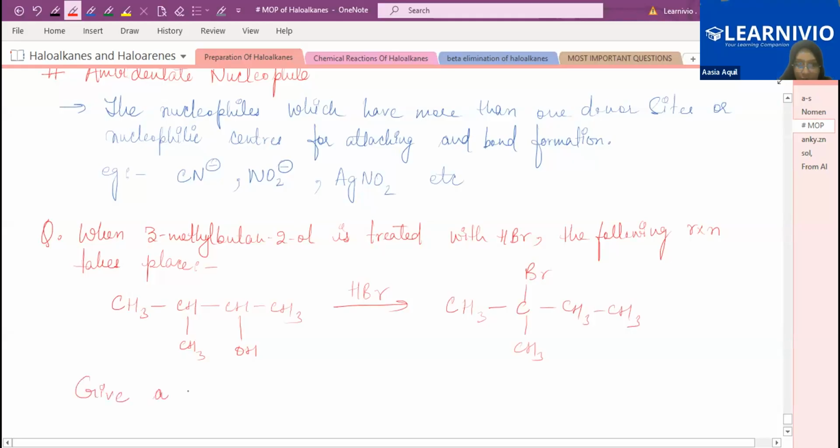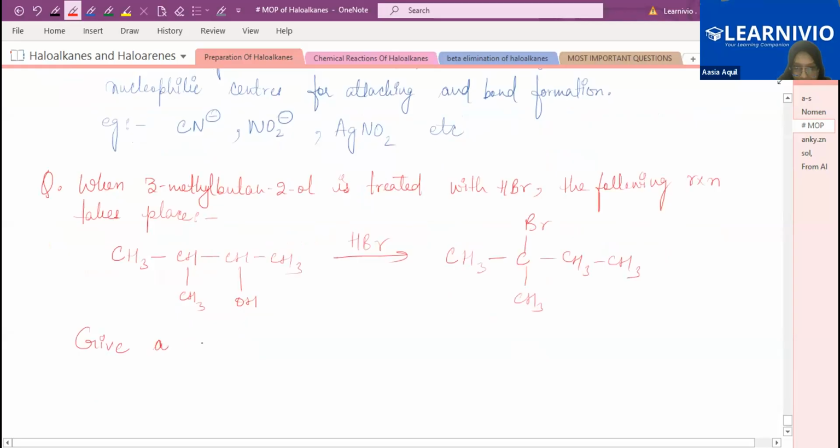You have to show the complete mechanism. How this reaction occurs, step by step, you have to show the mechanism. So give a mechanism for this reaction. And here's a hint given in the question.